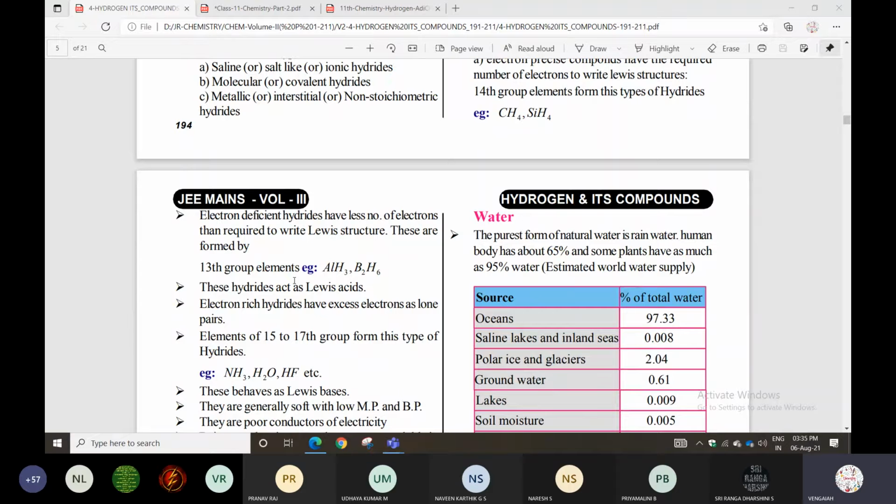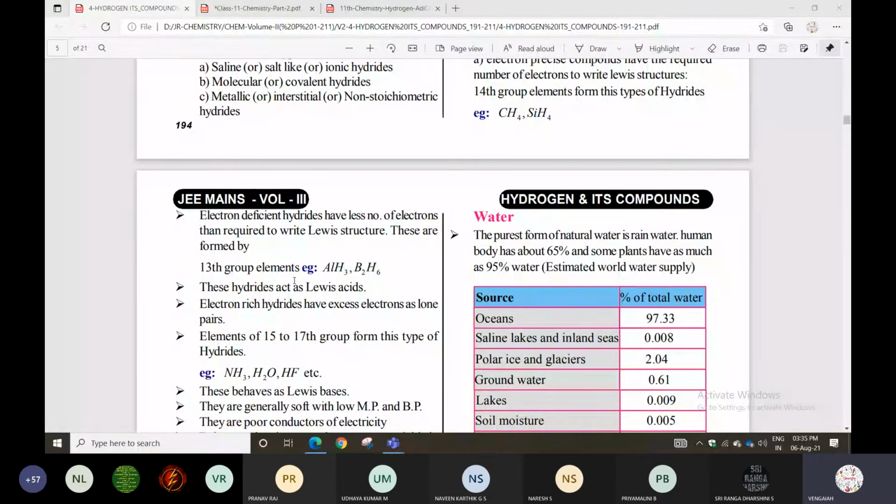So listen carefully. Covalent hydrides are classified into three types: electron precise, electron deficient, electron rich. These three things you can follow. Electron precise forms when hydrogen reacts with the 14th group, like carbon and silicon.